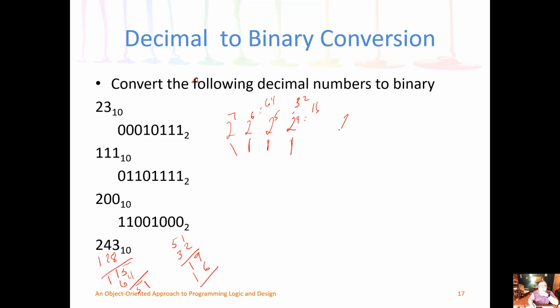So now I got 2 to the 3rd, which is 8. So this is left over 3. 8's no good. I can't put 8 into 3. 2 squared, which is 4. 4 doesn't go into 3, so that's a 0. 2 to the 1, which is 2.